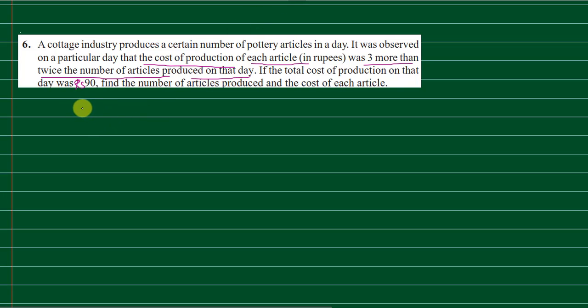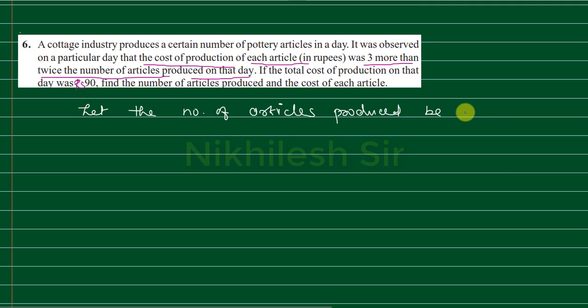So from this only we can assume, let the number of articles produced be x, then cost of each article would be 3 more than twice the number of articles. 3 more than twice the number of articles means twice the number of articles plus 3.